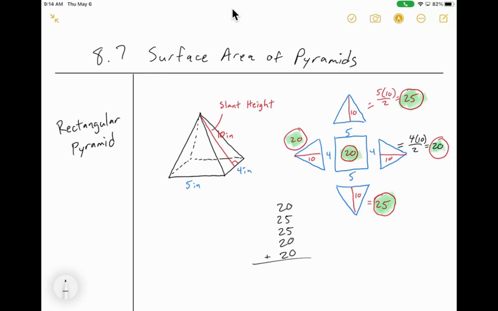We add all those up, we end up with 110.